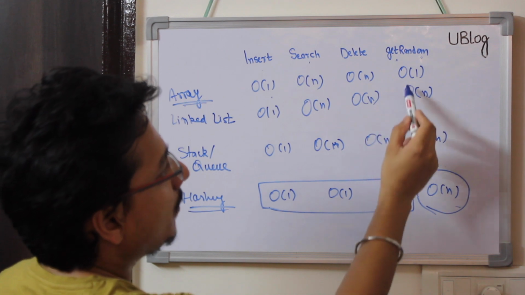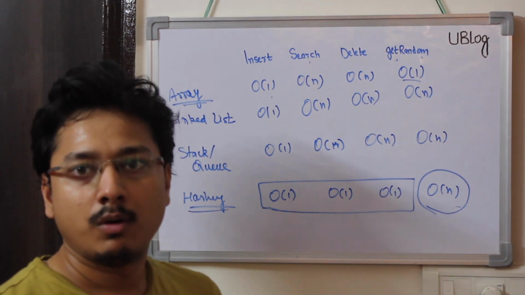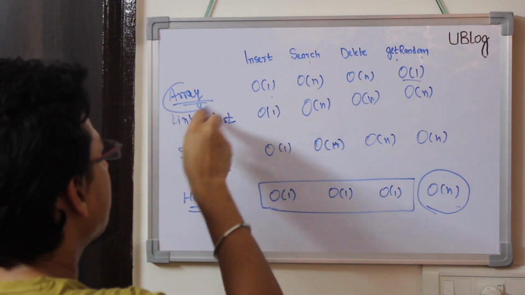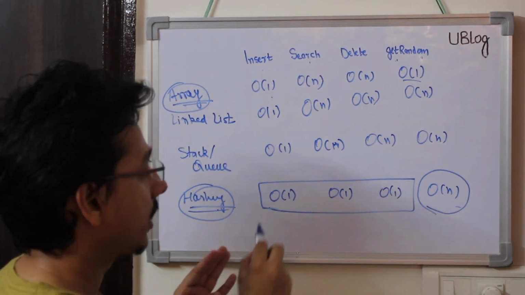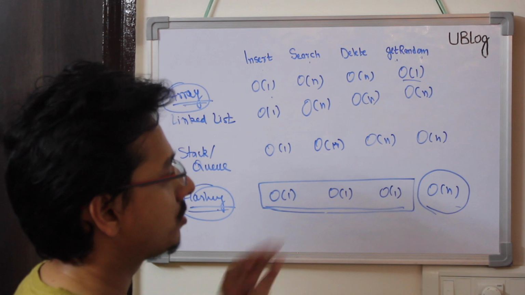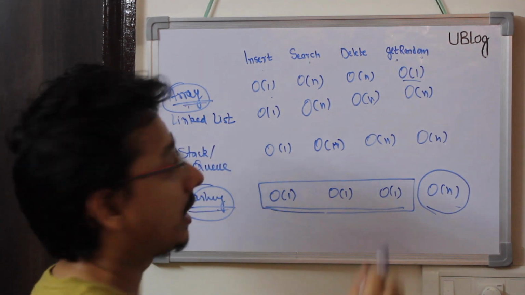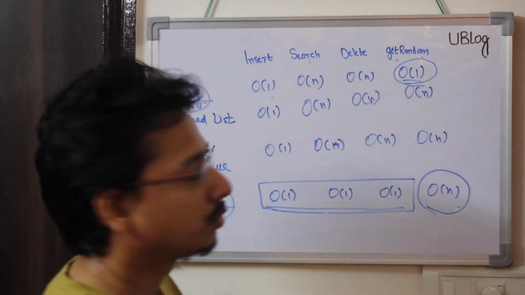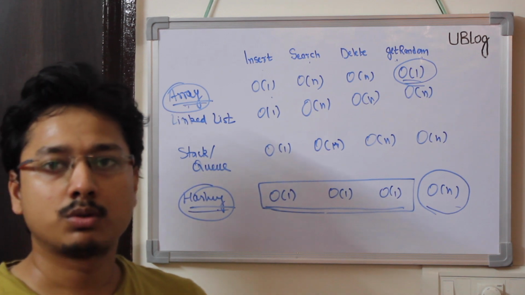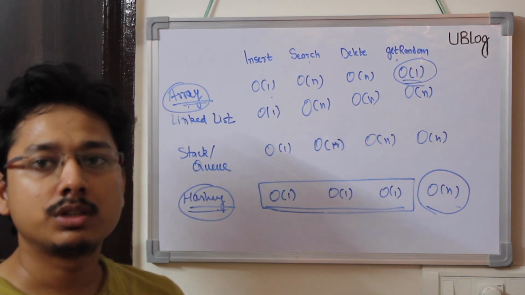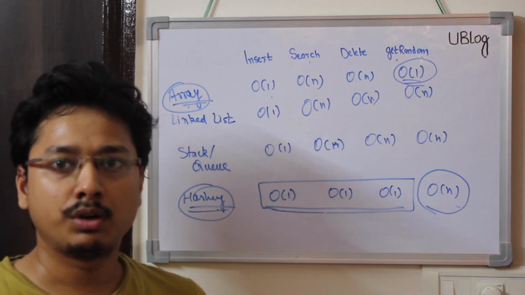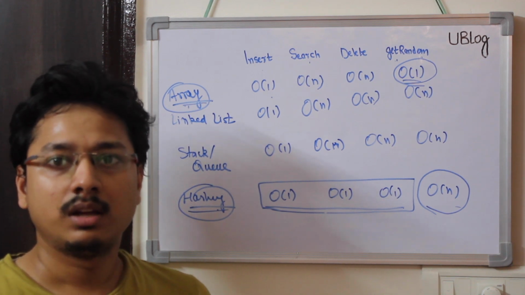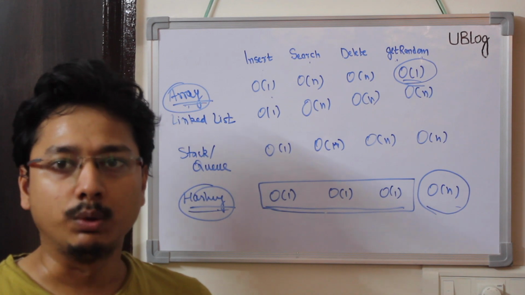So what if we use both array and hashing, so that using the property of hashing we can have these three operations in constant time, and using the property of array we can have get random in constant time. Using this table and this approach, we should think in a direction wherein we use both array and hashing to generate a new data structure.